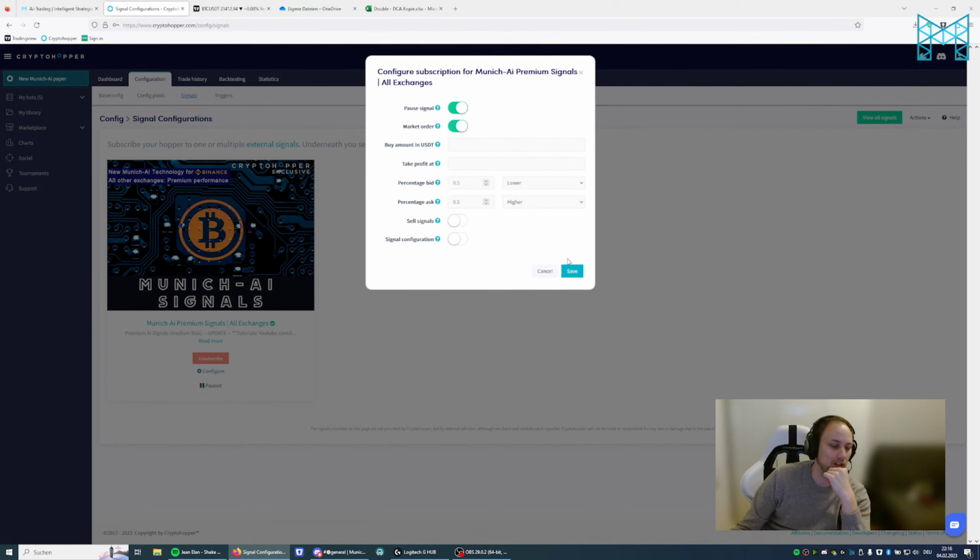As you can see here, from time to time there are fewer signals on some coins because it's not that volatile. It's always trying to get swings. But this free scalper is not the same, of course, as the one in the AI. This is just like a quick start where you can start with. It does not have the performance of the other ones, but still you're getting daily trades.